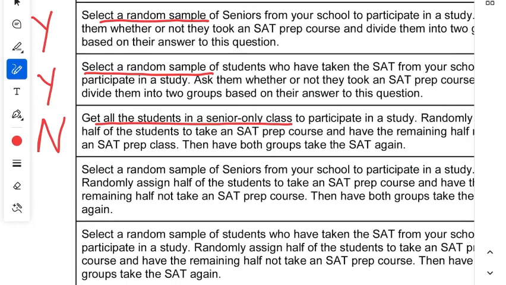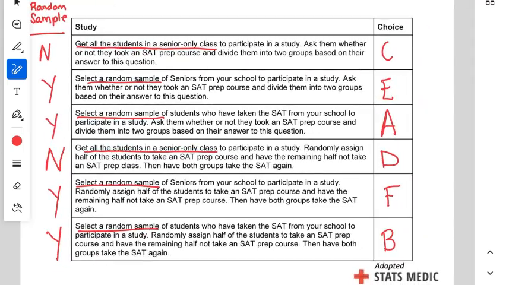And then the next one, select a random sample. So yes. Next one, select a random sample. So yes. So you're looking for two things: random sample, and then randomly assigning the two treatments. So let's go to the other side and write random assignment.